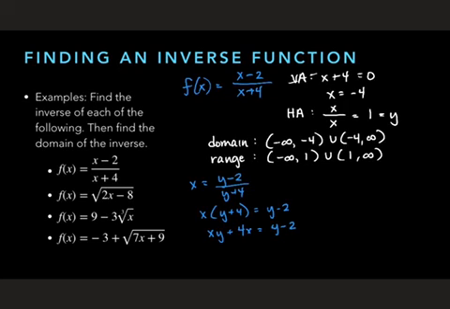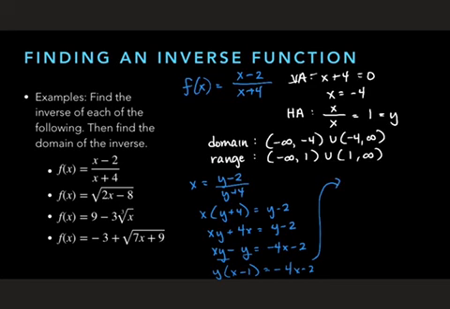Now anything with a y in it goes to the left, everything else goes to the right. So xy minus y is negative 4x minus 2. Then we're going to factor the y out of each of these terms. So y times x minus 1 is negative 4x minus 2.